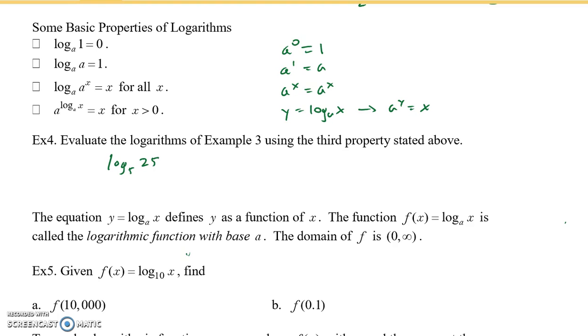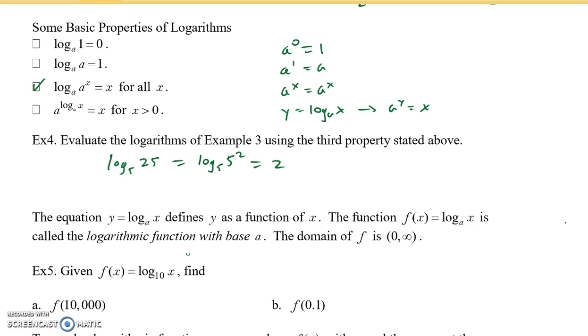If we use this third property, we recognize that 25 is a power of 5. Log base 5 of 5 to the second. Then the third property says log base a of a to the x equals x for all real numbers x. So this would simplify just to 2.